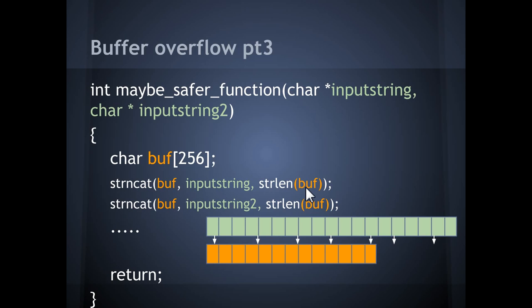The problem here is that this is going to start the second strncat on the first null terminator character it sees. So if that's all the way at the end or over halfway through and it starts writing all this extra stuff, it can corrupt the adjacent memory as it will write out of bounds.